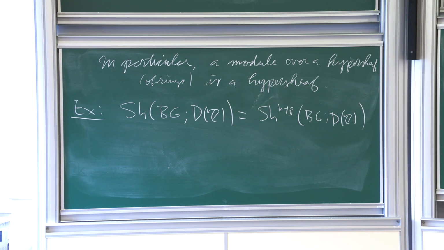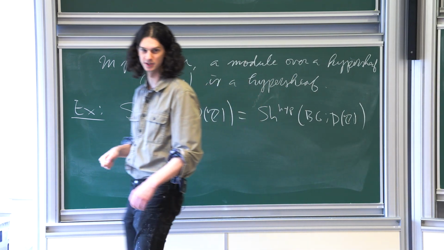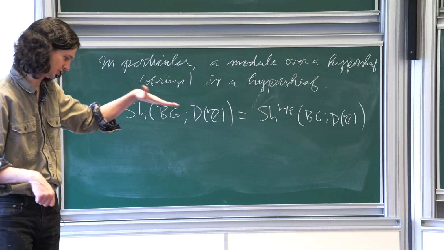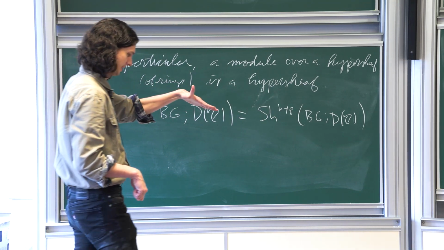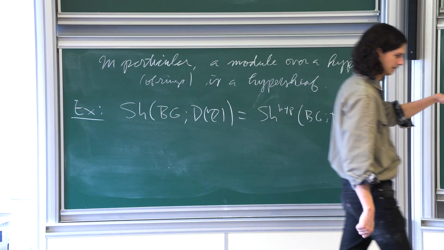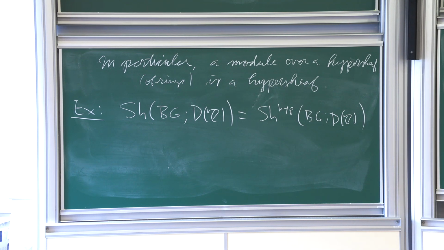The reason is, by the claim, it's enough to prove that the constant sheaf on Z is a hypersheaf, but the constant sheaf on Z is truncated, so it has to be a hypersheaf whenever it's a sheaf. So hypersheaves are only relevant when your homotopy goes all the way up to infinity. Anything truncated is automatically a hypersheaf. Here it's important that the cohomological dimension is finite.